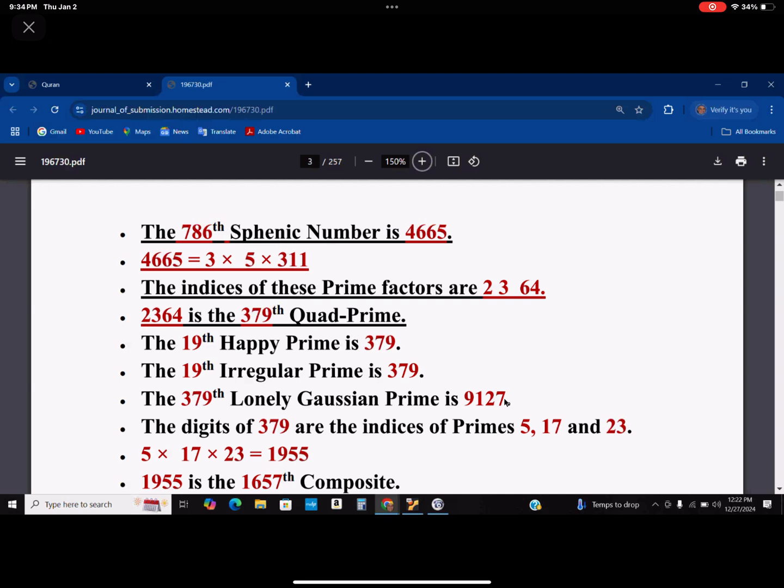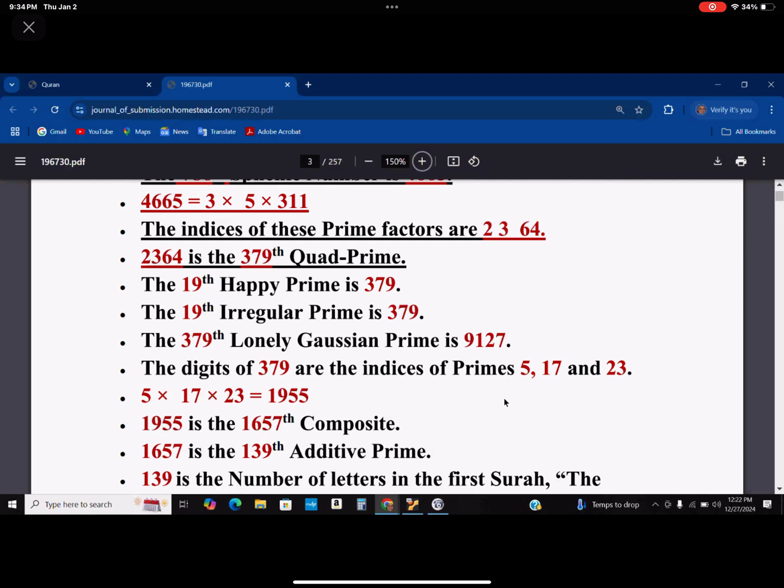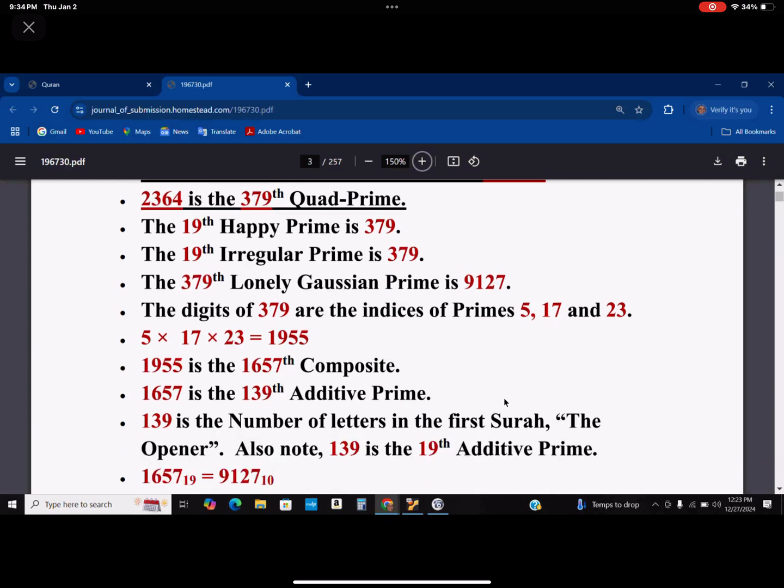Now 1657 is the 139th additive prime. 139 is the number of letters in the first surah, the opener. Also note that 139 is the 19th additive prime, and furthermore 1657 in base 19 is equal to 9127 in base 10.